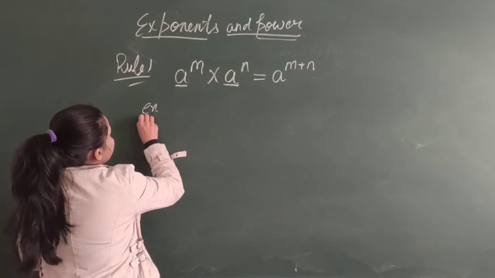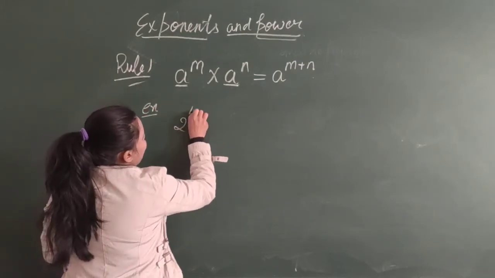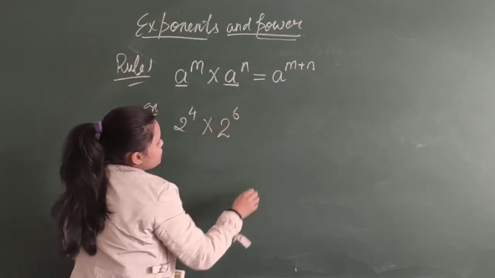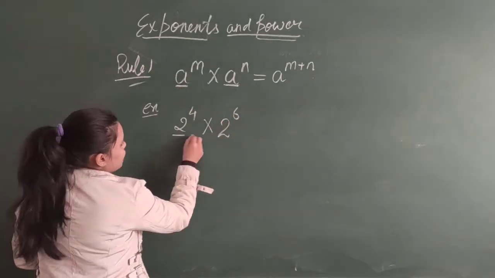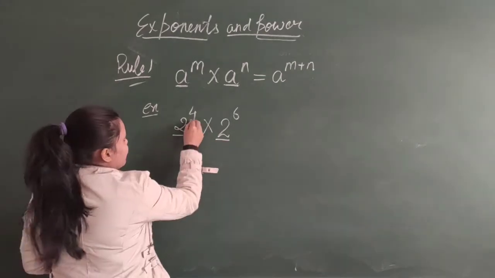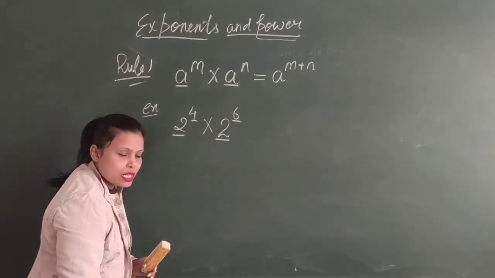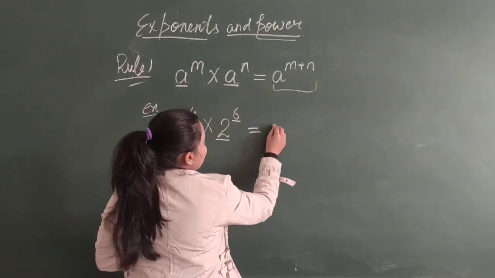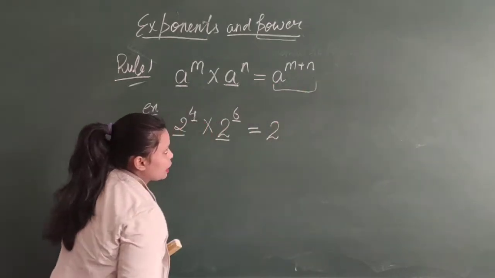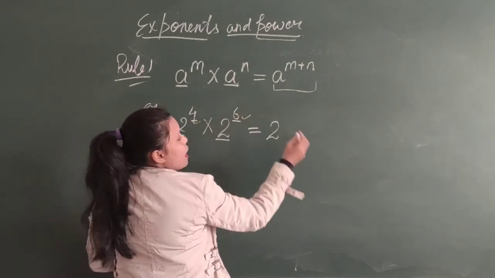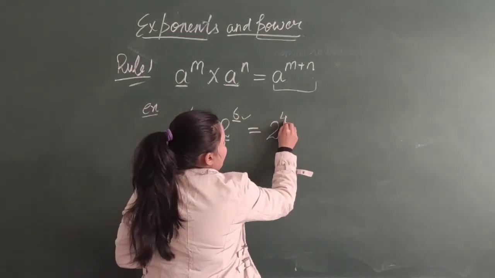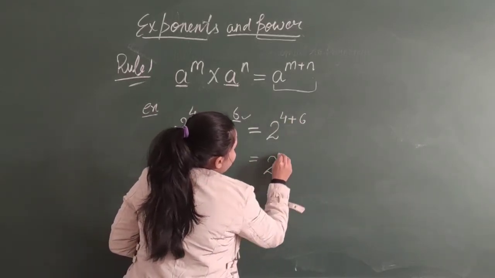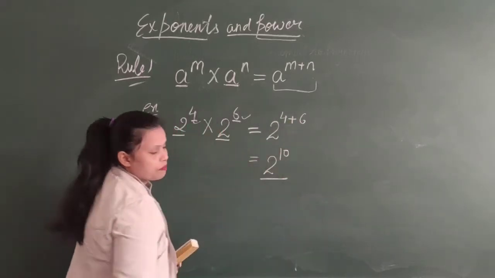Let's take an example. 2 to the power 4 multiply 2 to the power 6. Base value is the same and the powers are different. That means the base value will remain the same and the powers will get added. 4 plus 6. It will give you 2 to the power 10.